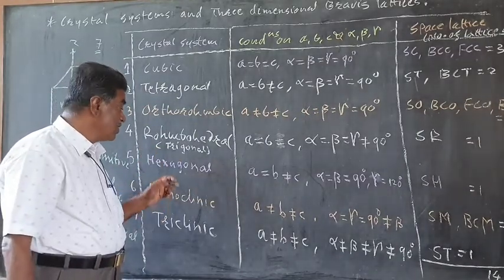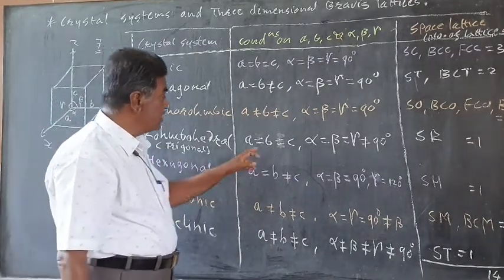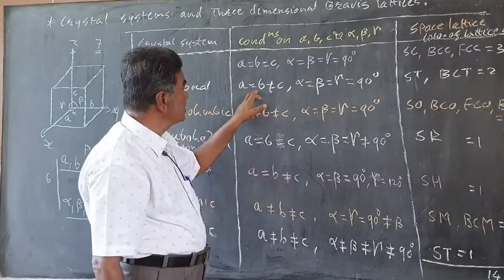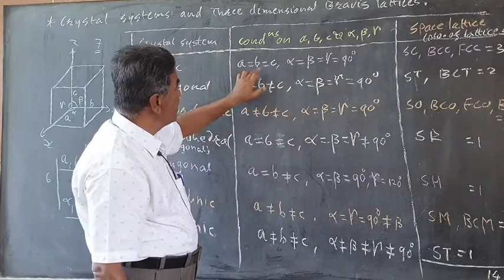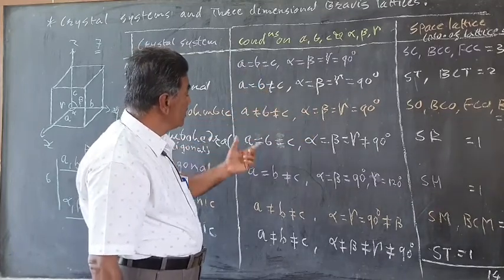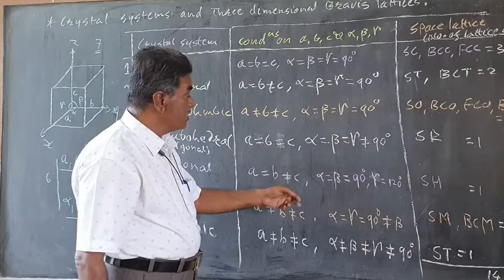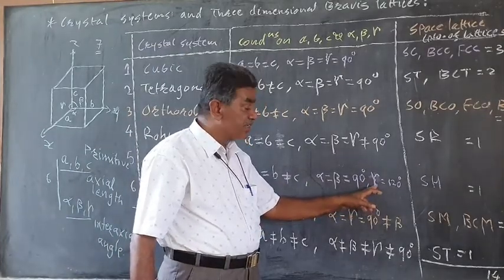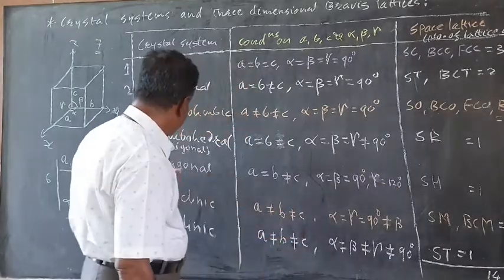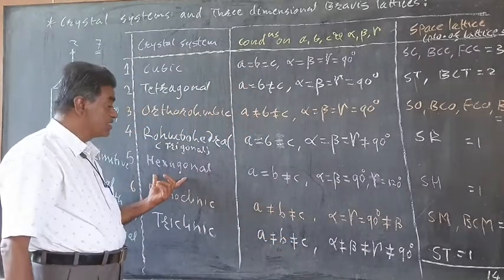then we get the rhombohedral or trigonal system. In case of the hexagonal system, a = b is not equal to c. Here a = b, the same condition we have put here, c is not equal, and alpha = beta = 90 degrees and the other angle gamma = 120 degrees, then it is called the hexagonal crystal system.